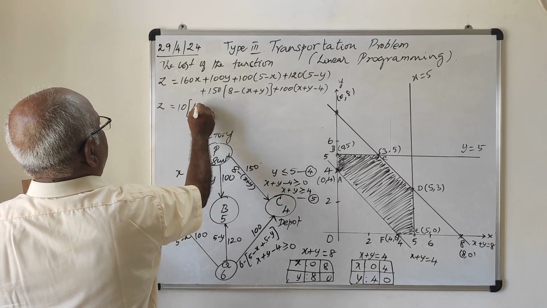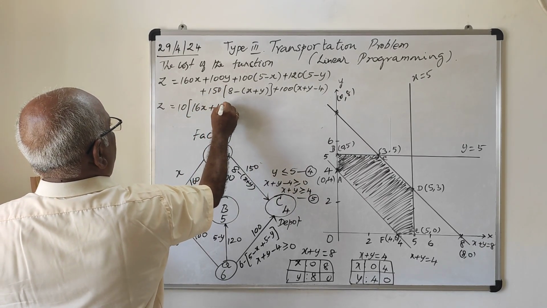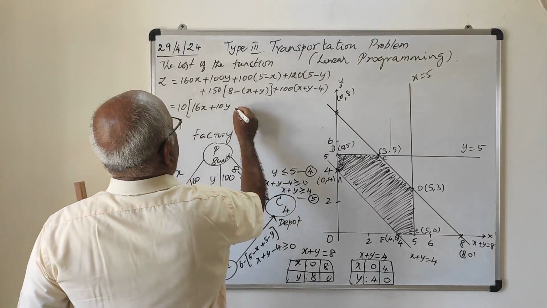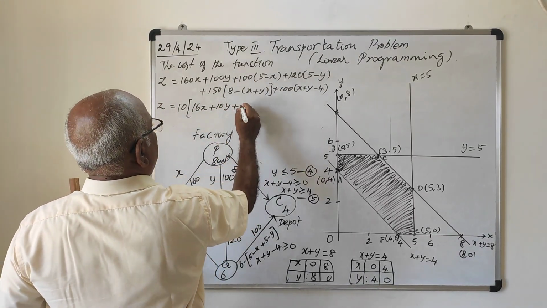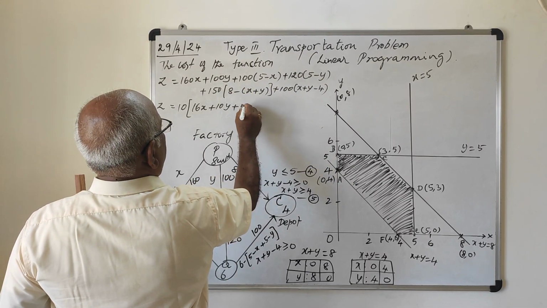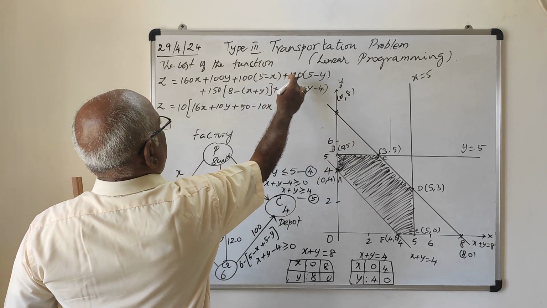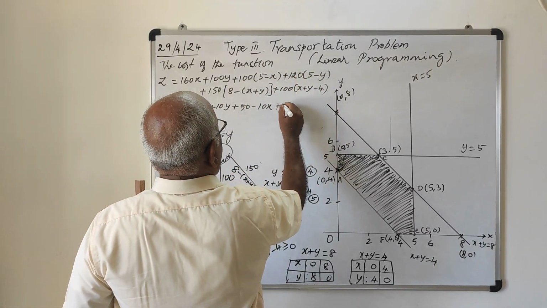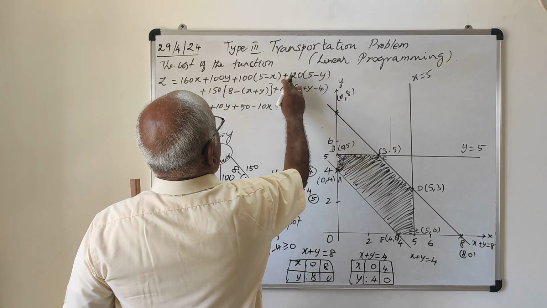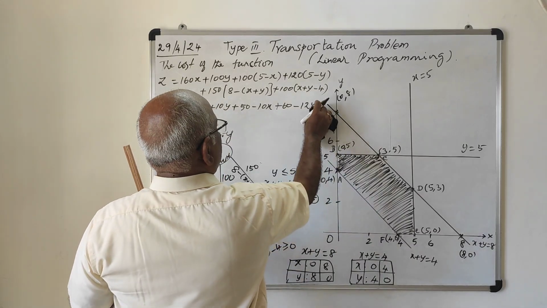You get 16x plus 10y. Here, 10 into 100, 10 into 5, 10 5s are 50 minus 10x. Similarly, 12 5s are 60 minus 12y.